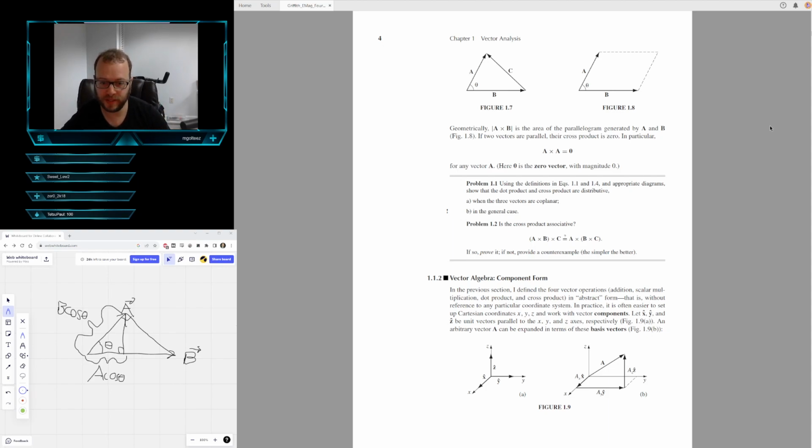So you can see that this vector A can be defined as a component along the x-axis, a component along the y-axis, and a component along the z-axis. Very straightforward.